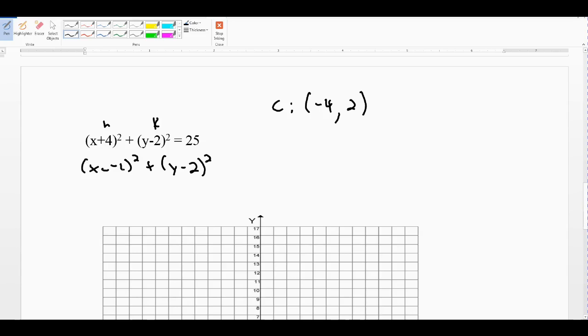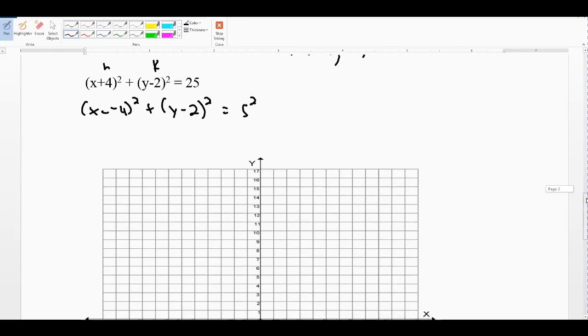Well, another negative is. So it's actually x minus negative 4. That's why we're using negative 4 and then the 2. And then 25, you think about the square root of 25, and that's 5. Well, that's 5 squared. So all you're doing is change the sign, take the square root, and use that information to draw the graph.